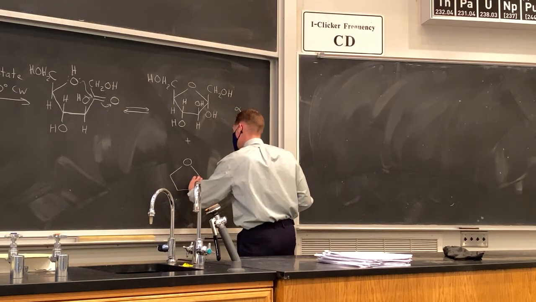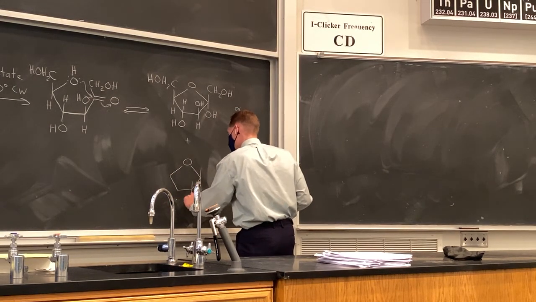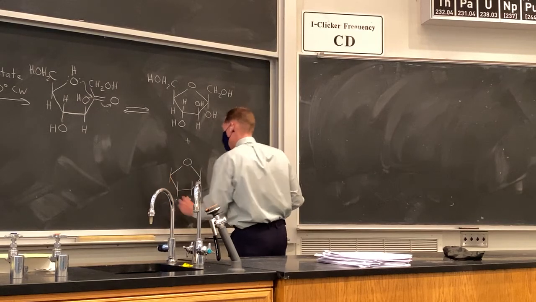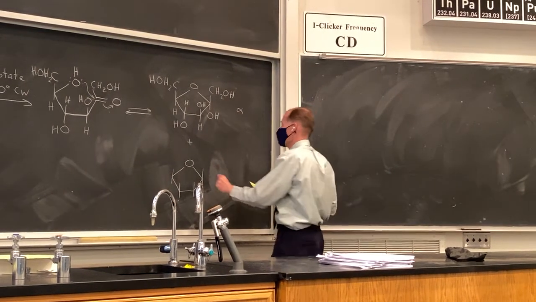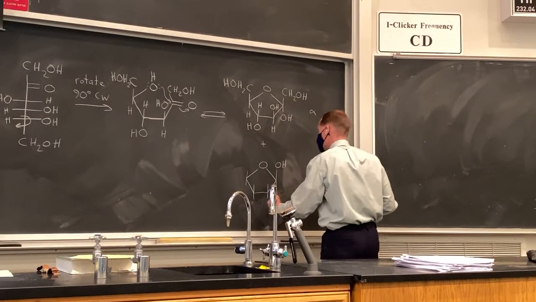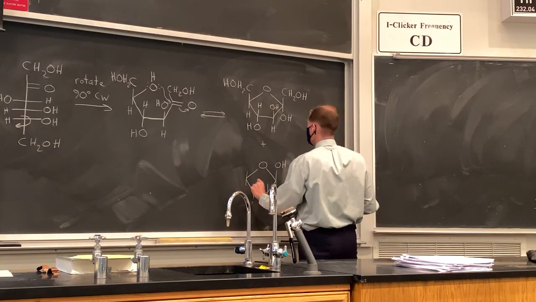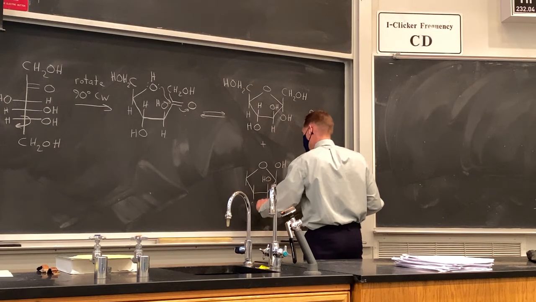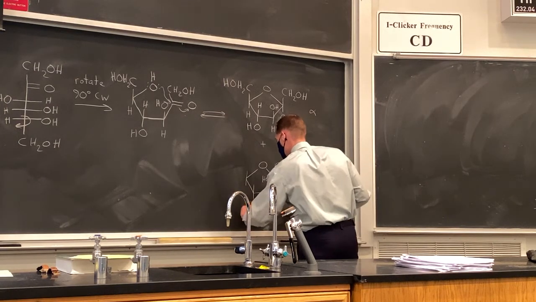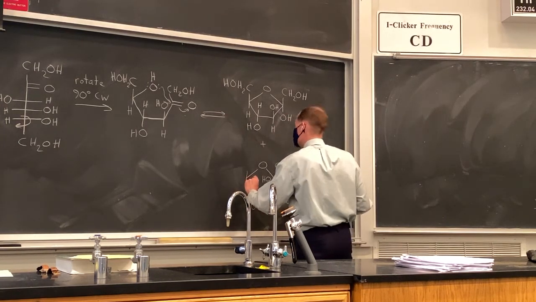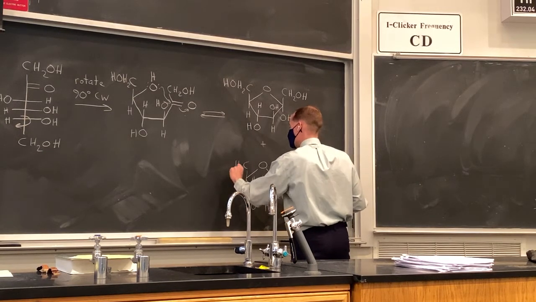As I'm drawing this for you, your book also tells you that the furanose, or the 5-membered ring form, dominates for fructose. That is also not correct. Okay? You can draw a pyranose, or a 6-membered cyclic hemiacetal, for fructose.